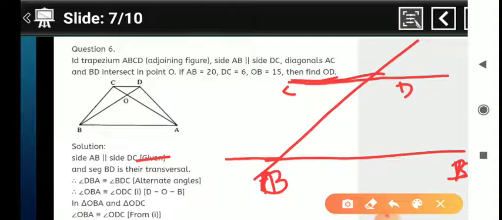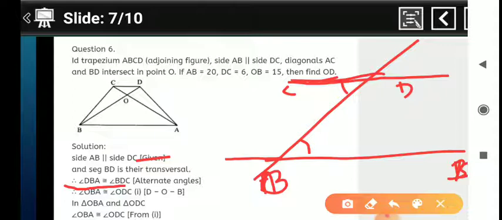Angle DBA and angle BDC are the pair of alternate angles, and alternate angles between two parallel lines and their transversal are congruent. Therefore angle DBA is congruent with angle BDC because they are alternate angles.